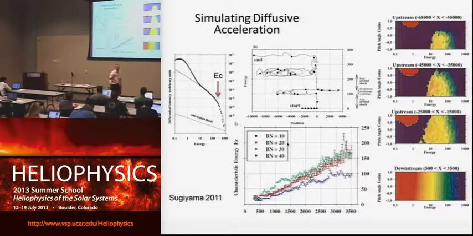There's another interesting thing which has been discovered in these simulations, which has really changed our view of diffusive acceleration theory. I mentioned that in diffusive acceleration theory, you're coupling the upstream and the downstream flows, the fast flow and the slow flow, this density and velocity change.